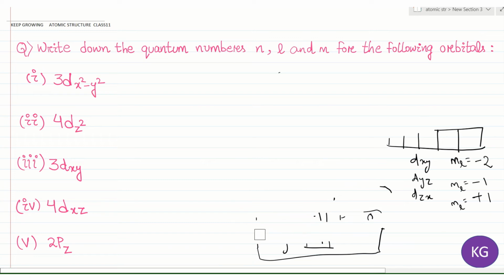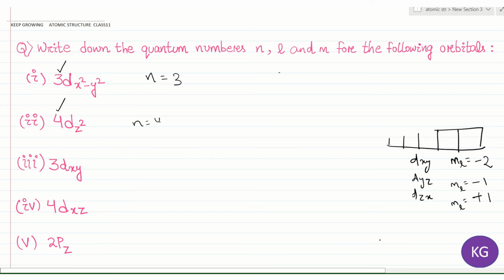The n value means the principal quantum number or the shell value. The first digit always represents the n value. For 4d n is equal to 4. For here n is equal to 3. Simply the digit shown is the principal quantum number. Here n is equal to 2.